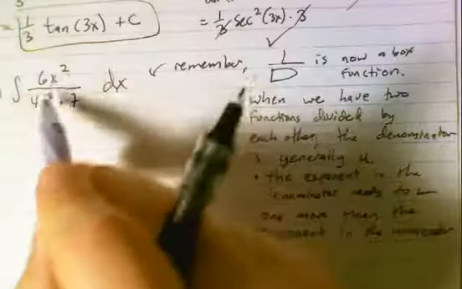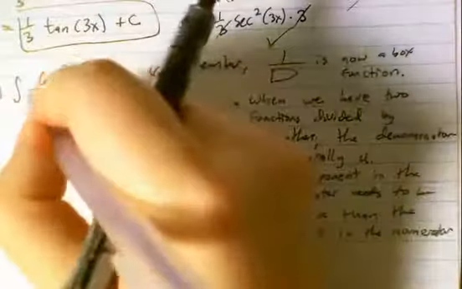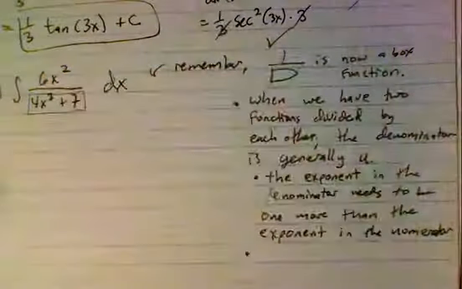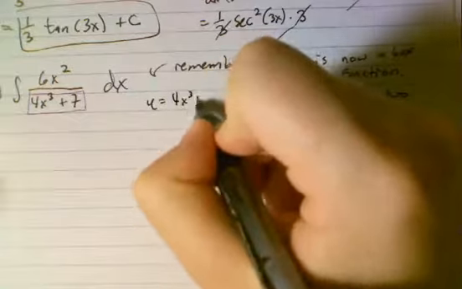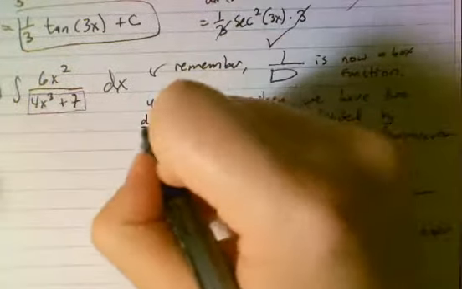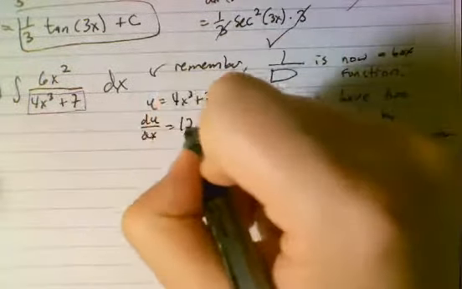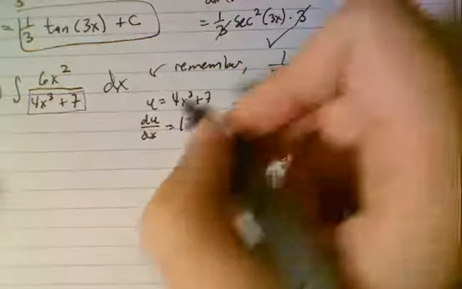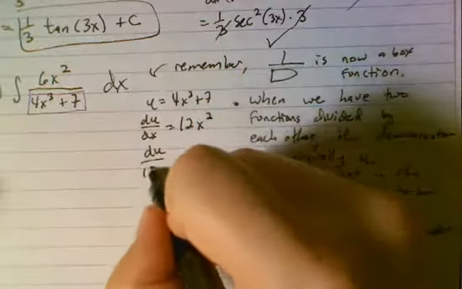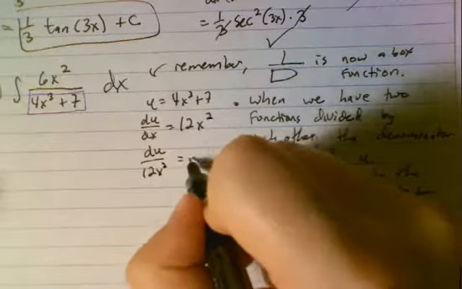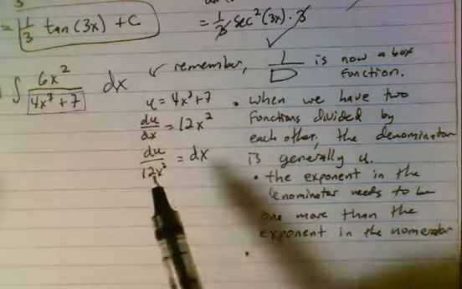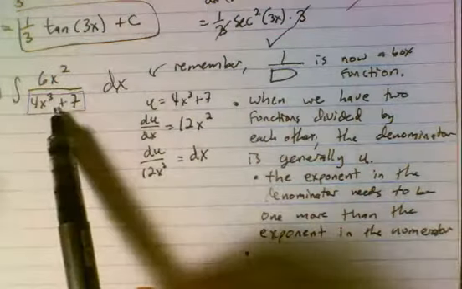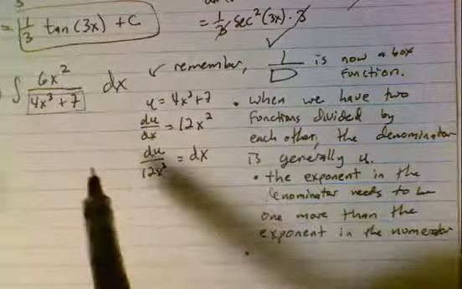So I see that this exponent is 1 less than this one, so I'm going to make this be my u. And this actually shows me why it is that typically u is the denominator, and we're going to cancel out the numerator.